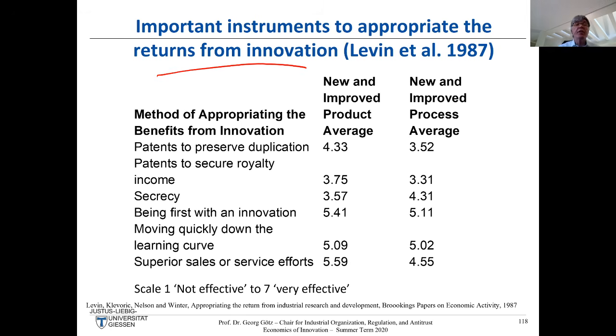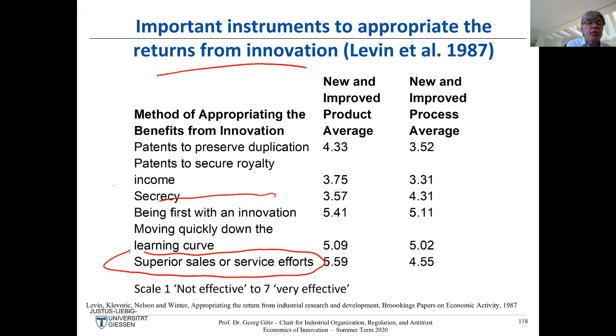Patents are only one instrument to appropriate the returns from innovation. There are several other instruments if you have some innovation in order to appropriate the returns from R&D. Of course, for instance, Apple probably has superior sales and service efforts and is the first in a market with an innovation.